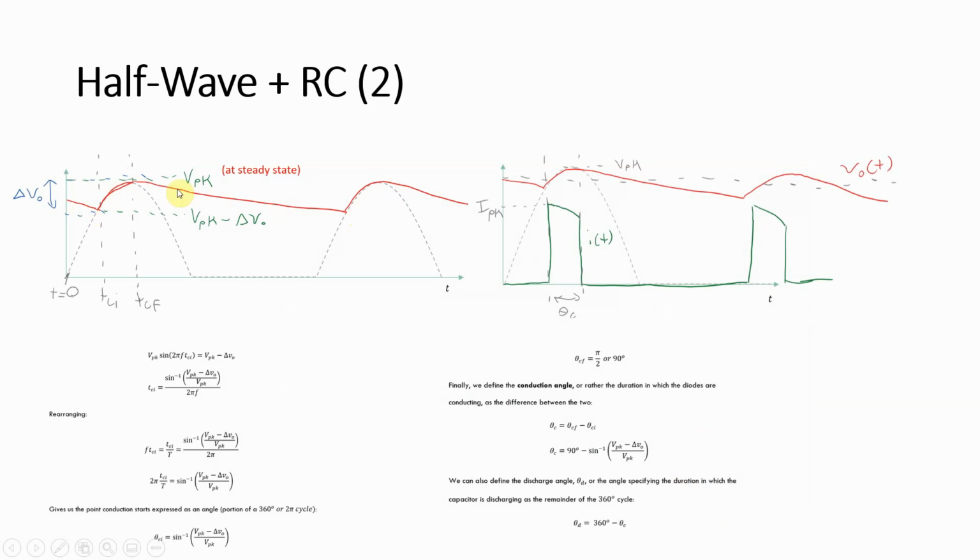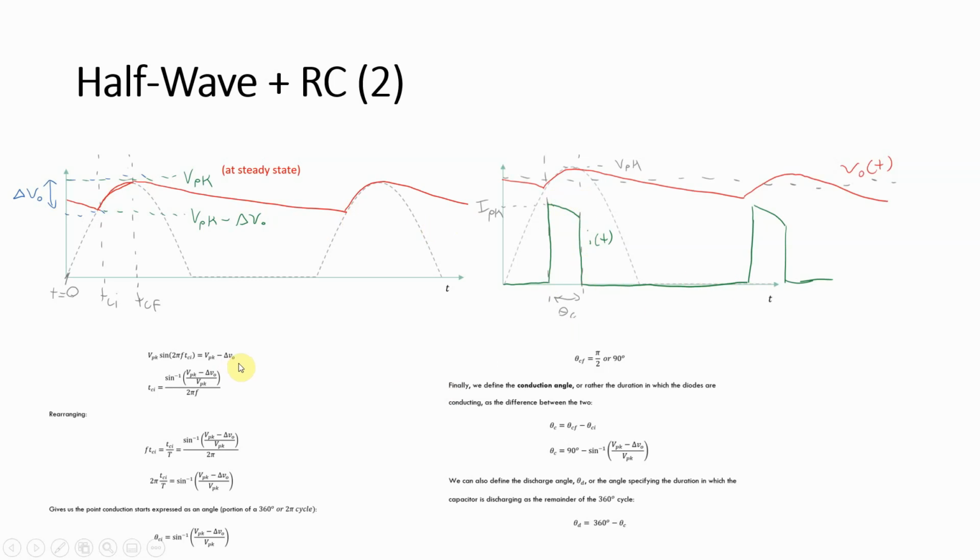It means that we have a waveform that repeats itself every period, and this period is the same as the input period for the half-wave rectifier. So this is the charging part, this is the discharging part, or conduction and discharging. And here you can also see the current that goes through the diode.